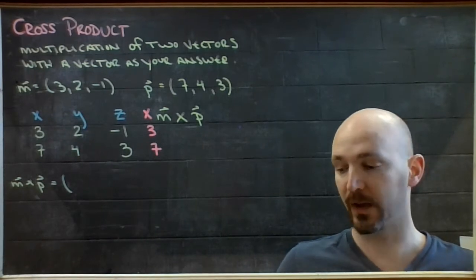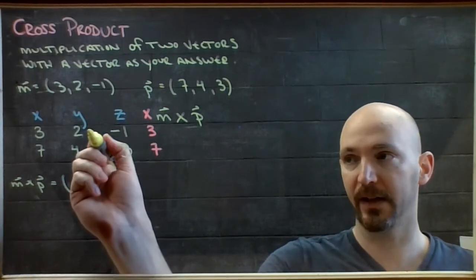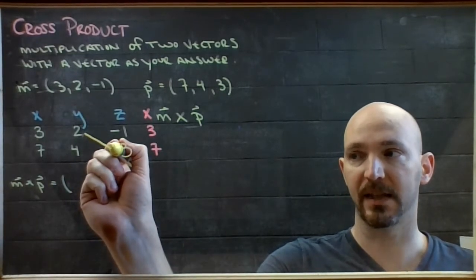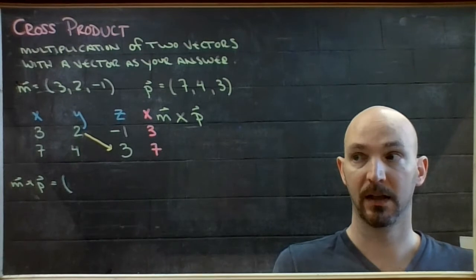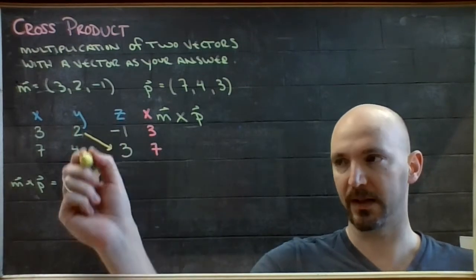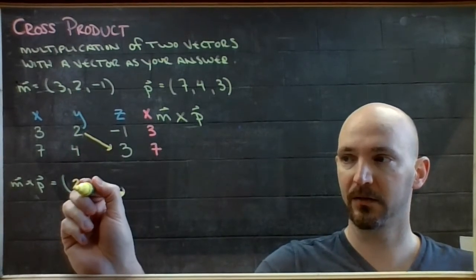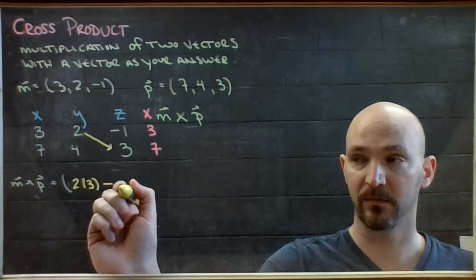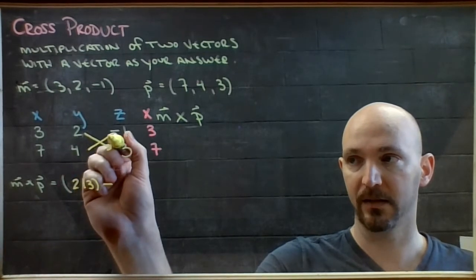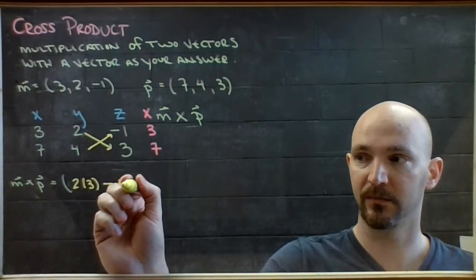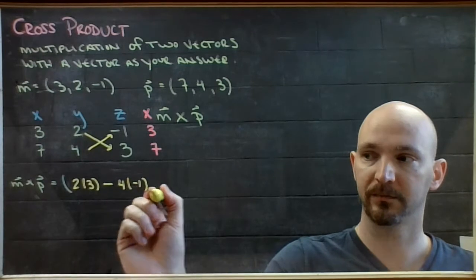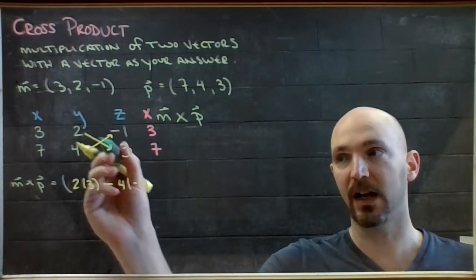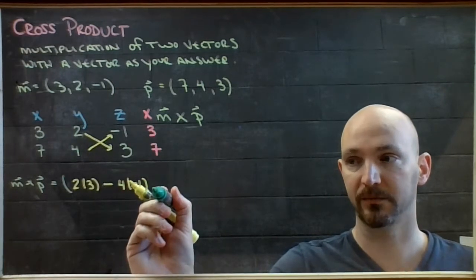The way you do that is you take the y value of this column and multiply it by the z value of the other, so 2 times 3. And then you subtract from it this y times that z. You can see that in this little activity, I've drawn a little cross.